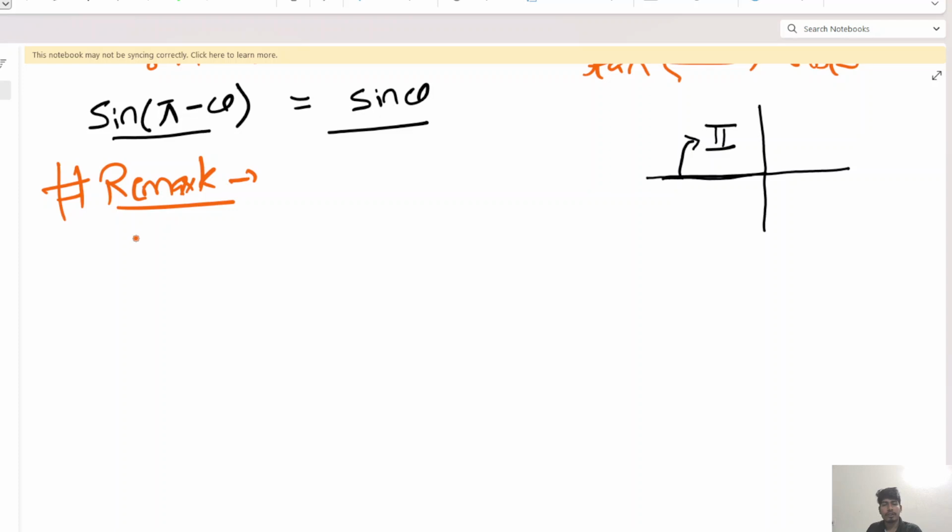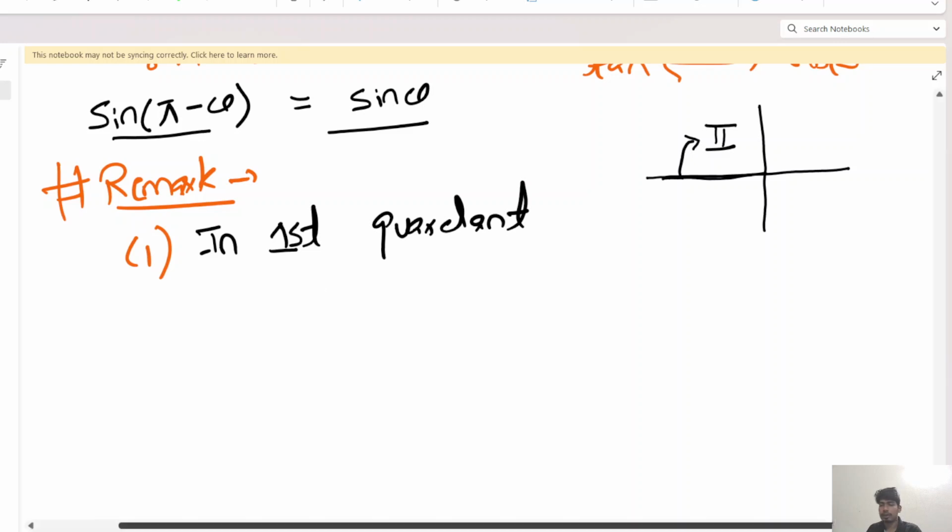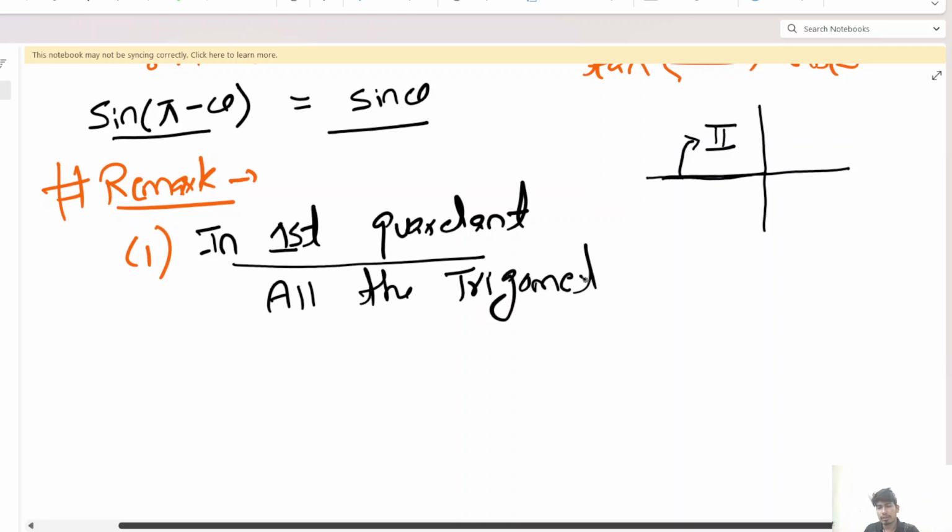First remark: in the first quadrant, all the trigonometric ratios are positive.